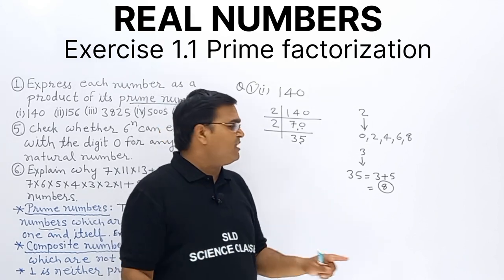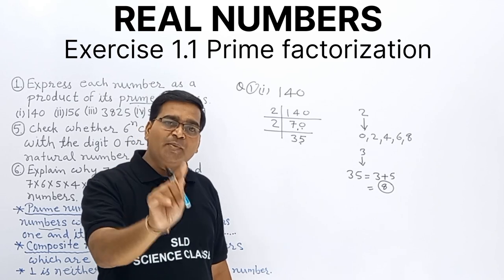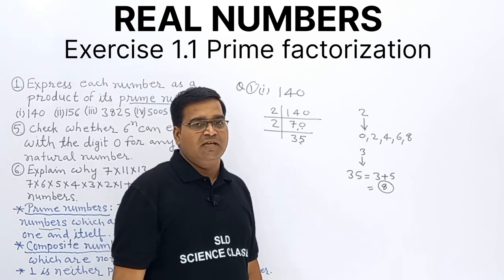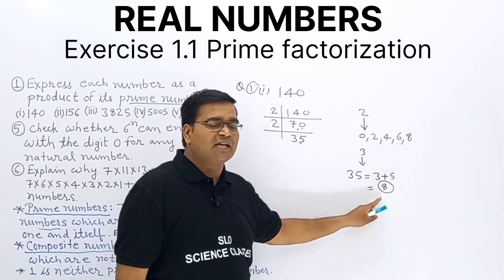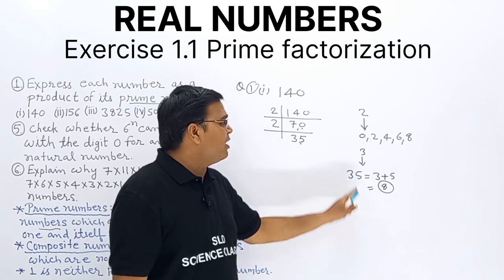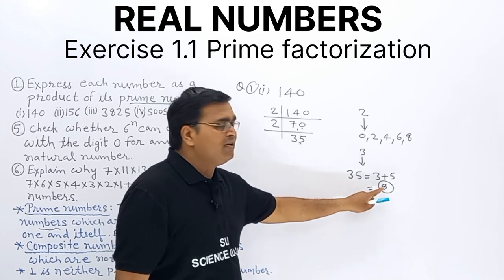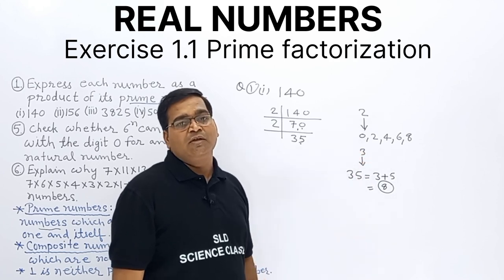Or we can say, if the number is divided by 3 and the remainder is 0, then it is divisible by 3. अगर हम नंबर के डिजिट्स को सम करने के बाद जो नंबर आता है उसको 3 से डिवाइड करने पर रिमाइंडर अगर 0 आ रहा है तो हम कहेंगे that is divisible by 3. Now we have 8 and 8 is not a multiple of 3, so we cannot divide by 3.